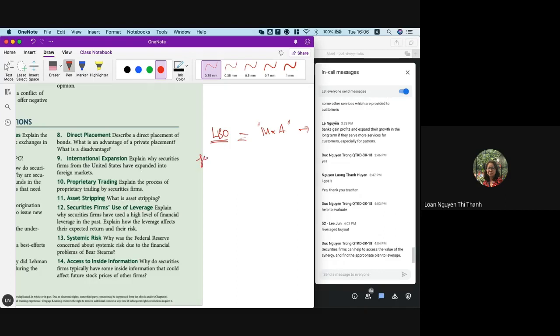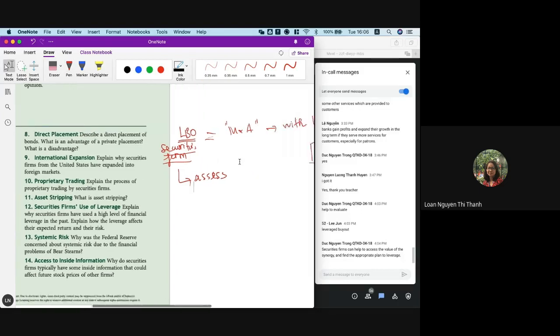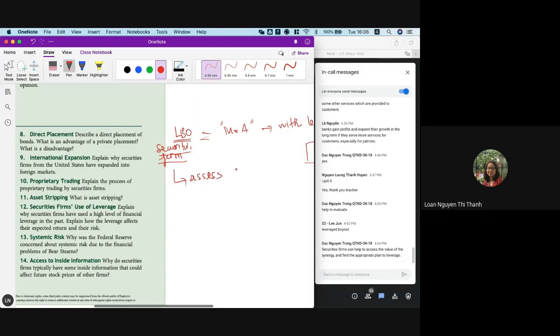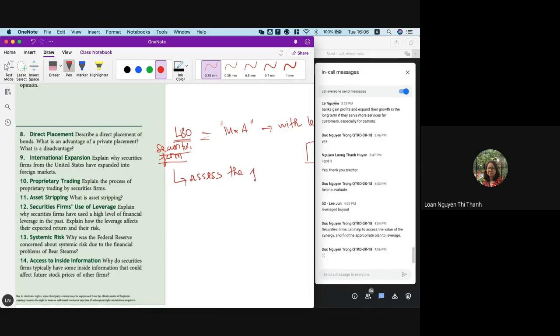Okay, so security firm here. First one, they assess. Assess the appropriate level of the firm value.